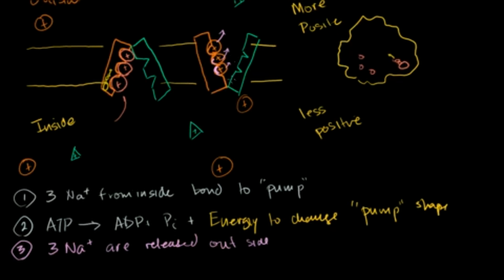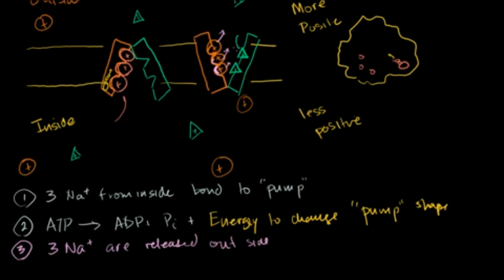Now, once it's in this configuration, we have all these positive ions out here. These positive ions want to get really as far away from each other as possible. They'd probably be attracted to the cell itself because the cell is less positive on the inside. So these positive ions, and in particular the potassium, can bond at this side of the protein when it's in this, I guess we could call it, activated configuration.